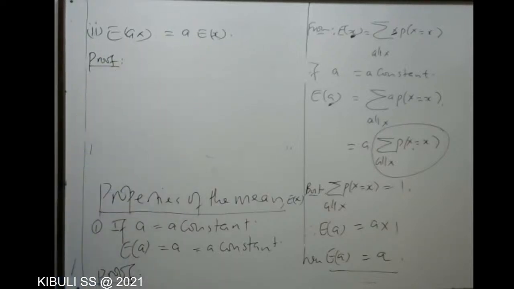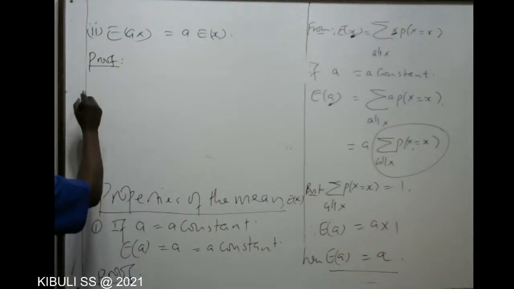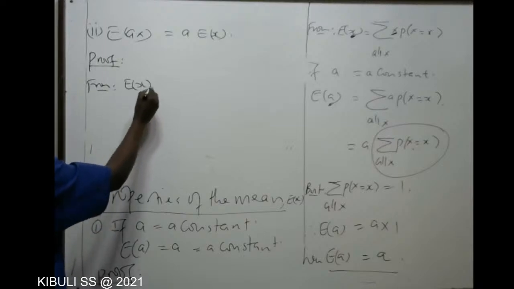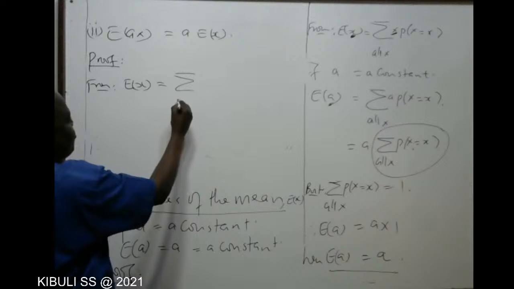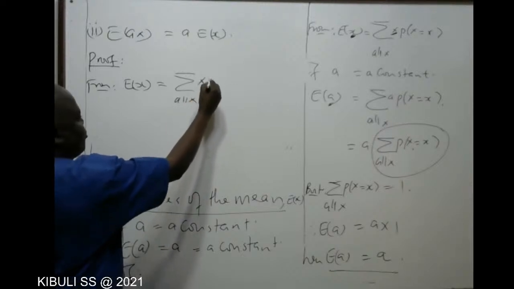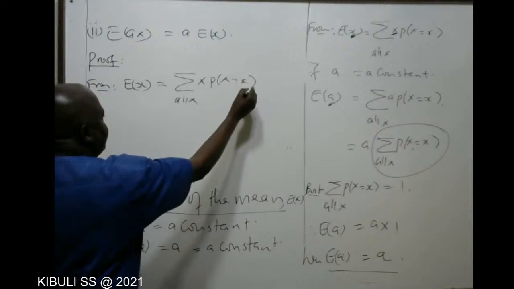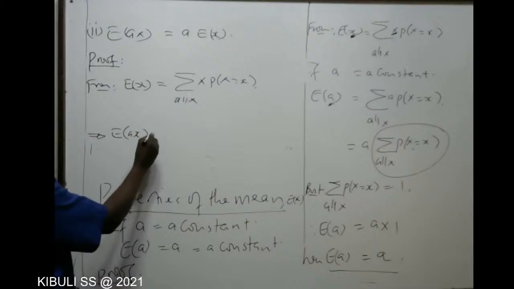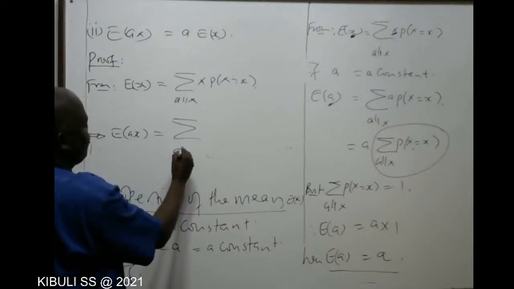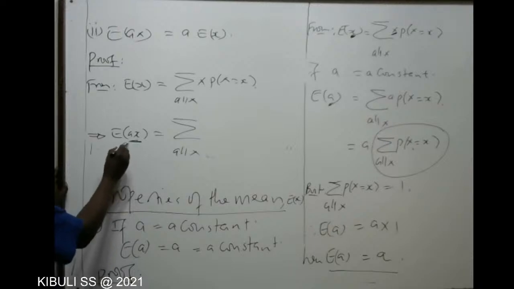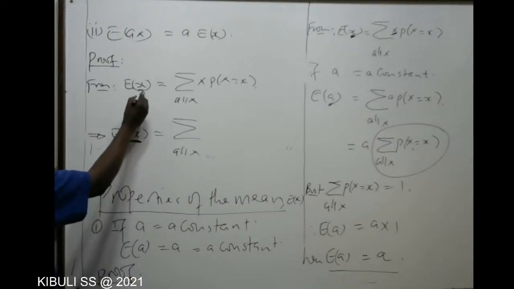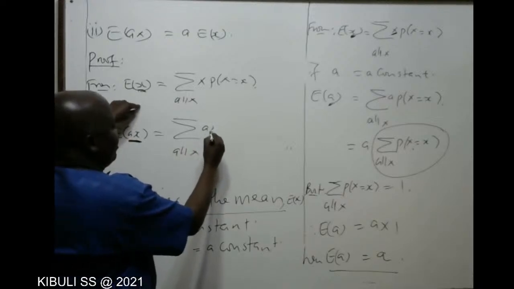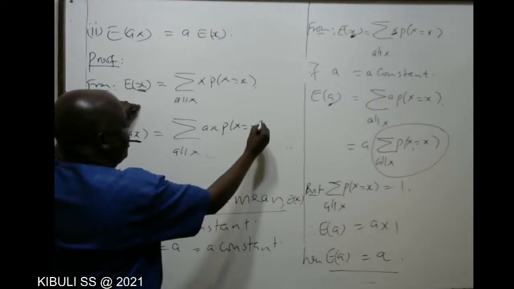So you begin from the same beginning: the expectation of X is equal to the sum over all x of x times the probability that X equals x. This will imply that the expectation of aX shall be equal to the sum over all x of, and we replace X with aX, so this will be the sum of ax times the probability that X equals x.